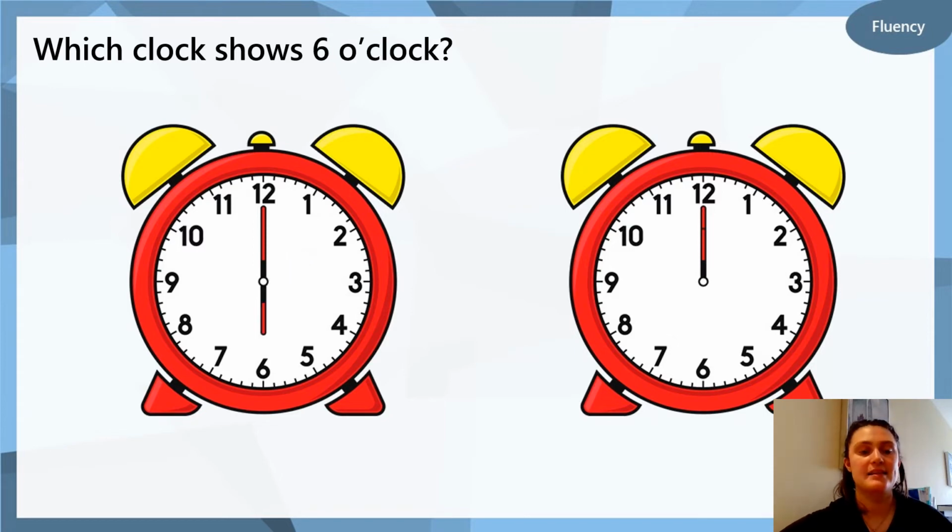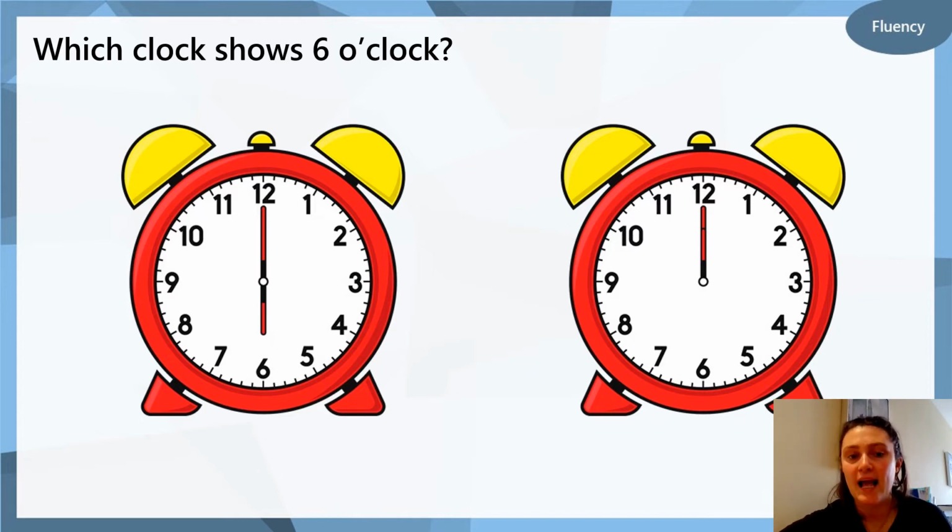Our next clocks now, here we have a strange one, because on the clock on the left we have big hand at 12, small hand at 6. The clock on the right, it looks like it only has one hand, but really that is because both hands are pointing to 12.